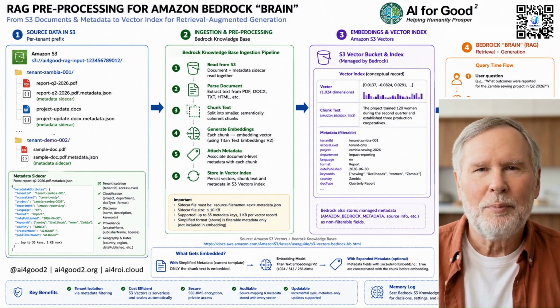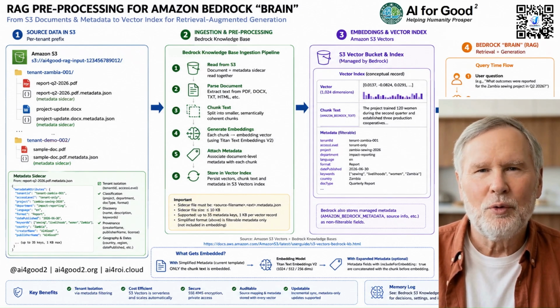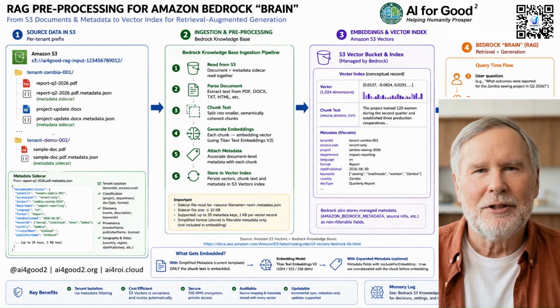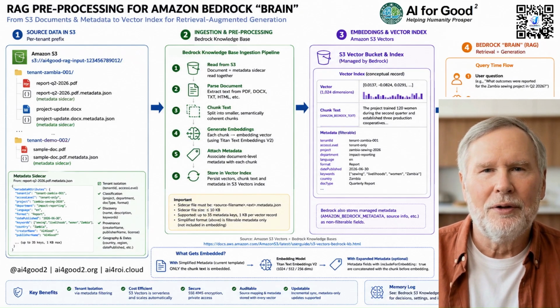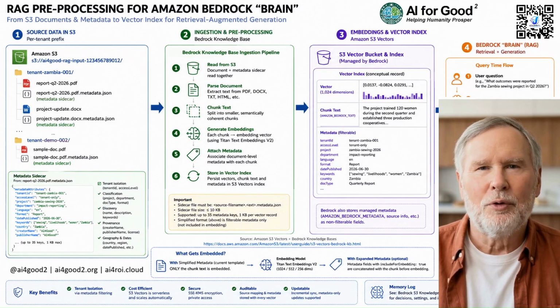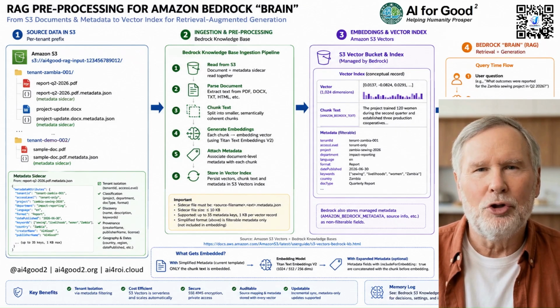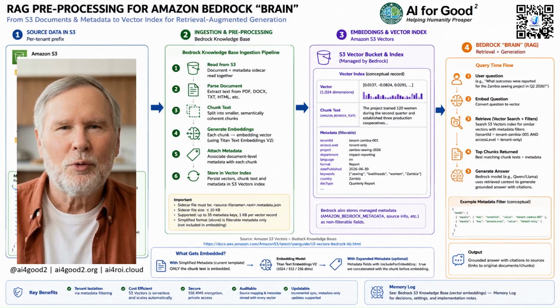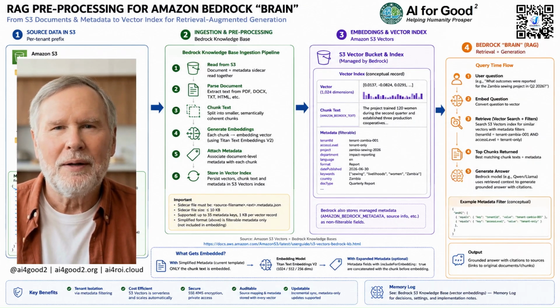A typical document might be the PDF name shown, accompanied by the JSON file with the same base name. These sidecar files carry critical structured information, tenant isolation tags, project details, access levels, keywords, dates, and more, ensuring that every piece of content carries its own context from the very beginning. The arrow from Section 1 leads directly into the heart of the pipeline.